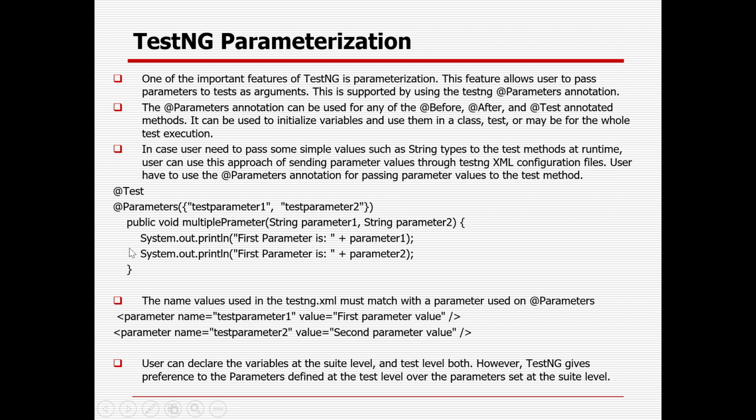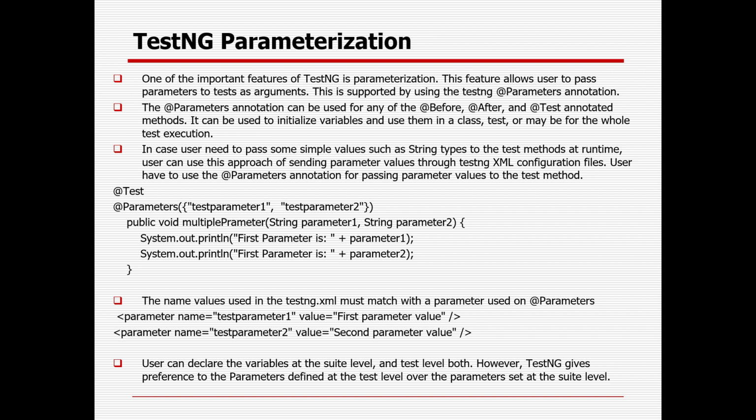So that is the way you can write your test cases: write the method first, then provide the parameter after the test annotation. Then go to the testng.xml file, and after the test or after the suite, you can use the parameter. Let's see first how we can implement parameterization in the real world.